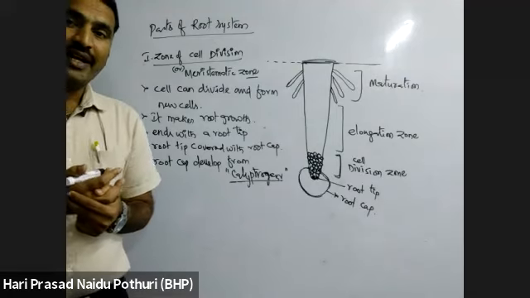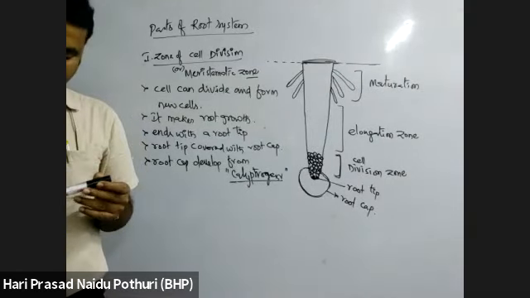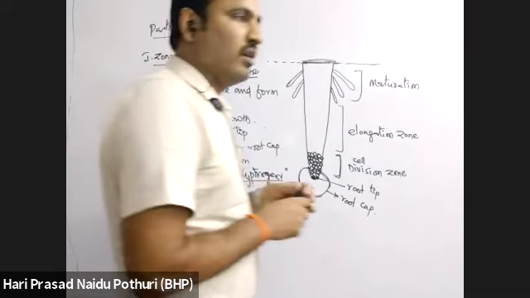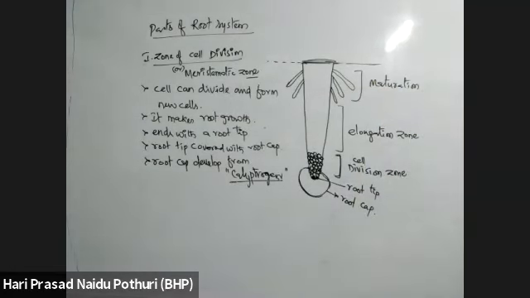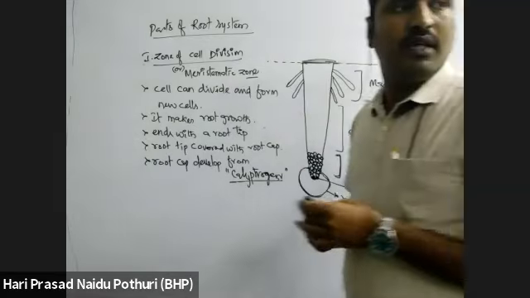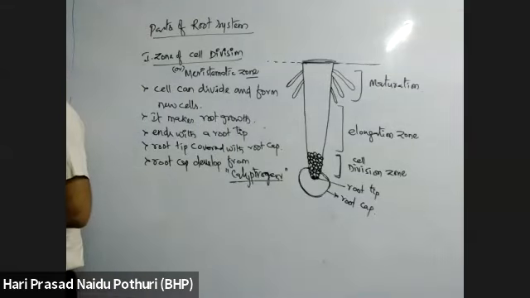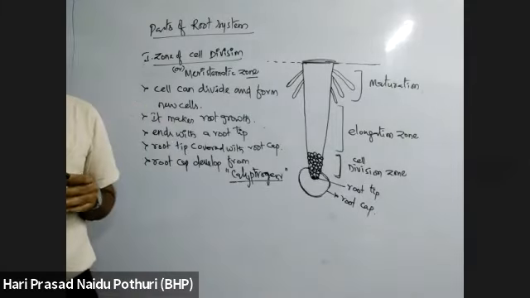Next point, it secretes mucilage that smoothens, or softens, the soil for the penetration of root into the soil.